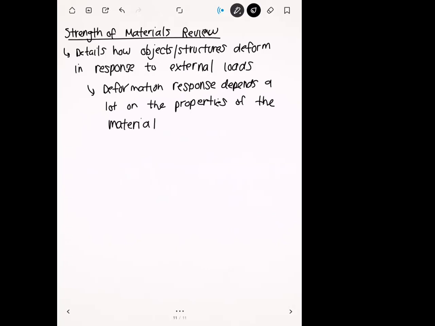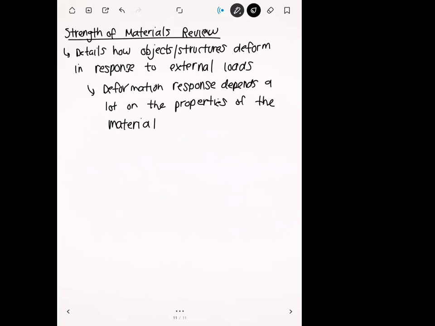Intuitively, we know that if we apply a certain amount of force to a metal bar and try to bend it Hulk style, it's going to behave a certain way because it's made of metal. But if you took a bar with the same geometry made out of cheese and tried to bend it, it would behave a different way because it's made of a different material. Knowing how different materials will deform in response to stress is another important concept that we'll go over a lot in biomechanics.